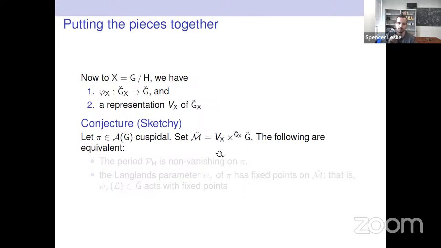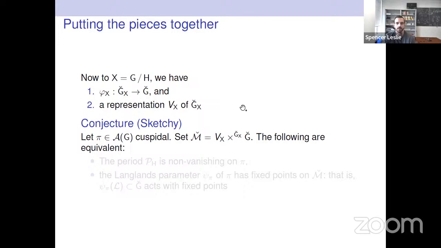So I wish I had my pen so that I could write this, but here G_X acts via the homomorphism phi on the dual group G check, and it also acts via the representation on V_X. And so we take the contracted product. This gives me a variety M check on which the larger group G check acts.